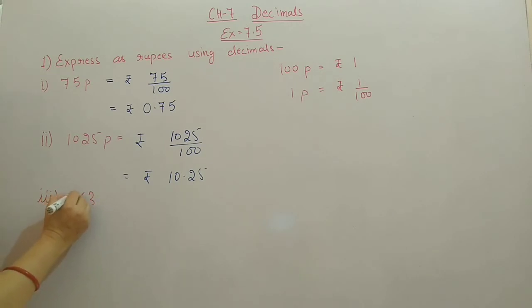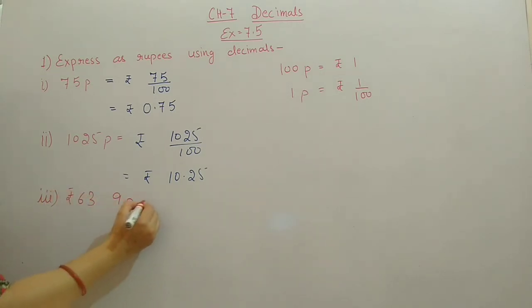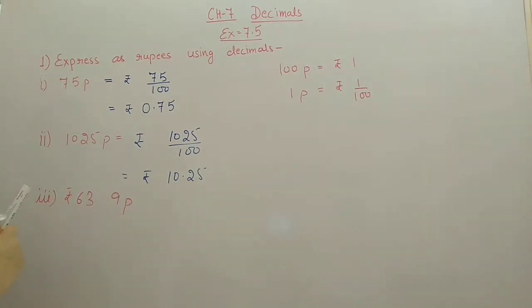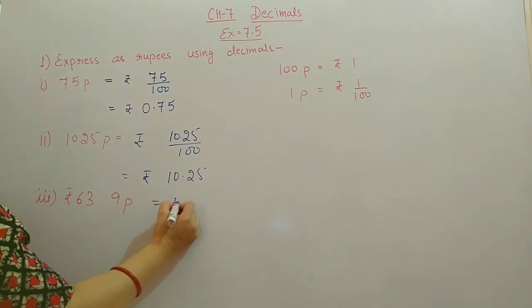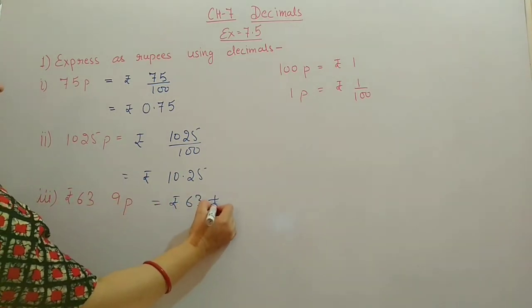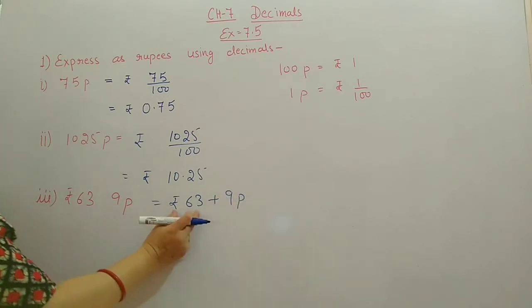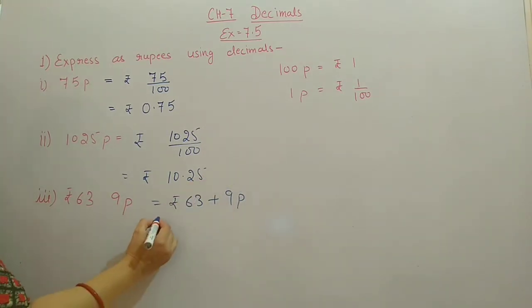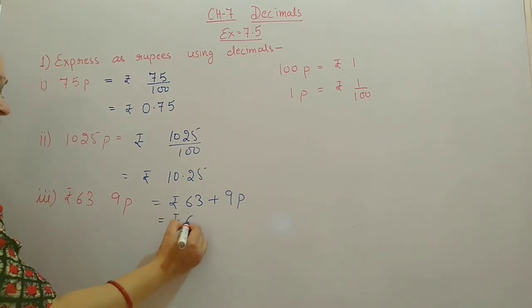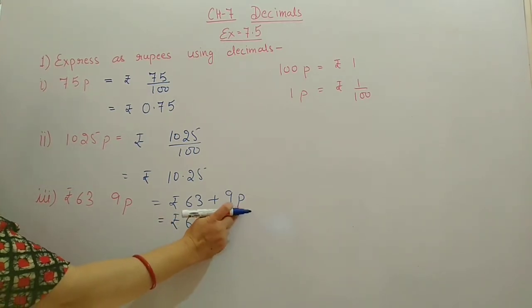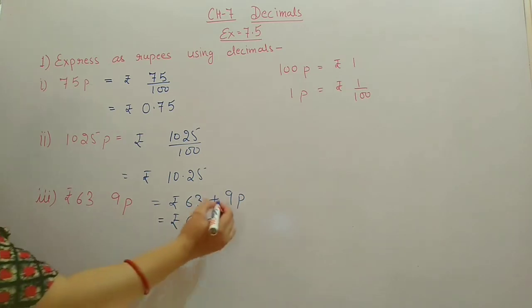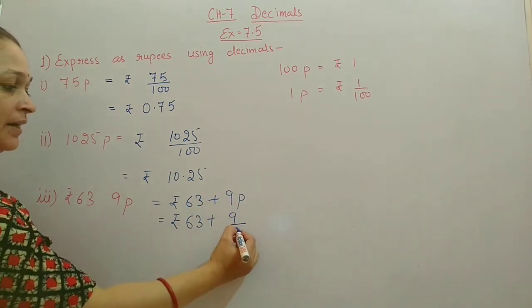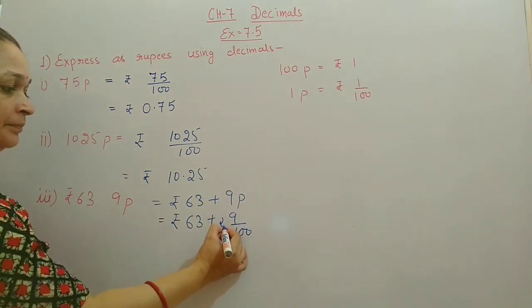Next, the third part, 63 rupees 9 paise, which we can write as 63 rupees plus 9 paise. The 63 is already in rupees, so we will change only the 9 paise into rupees. This we will write as it is. To change 9 paise into rupees, we have to divide by 100.